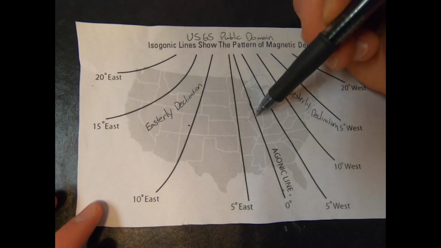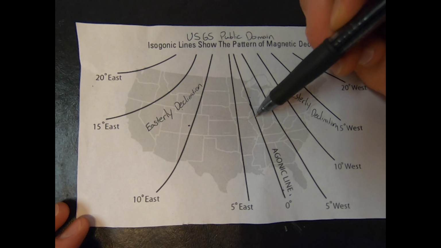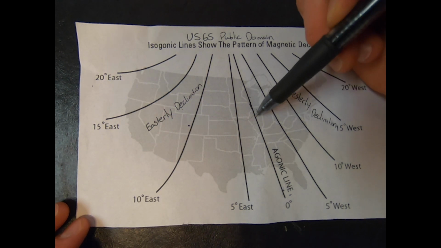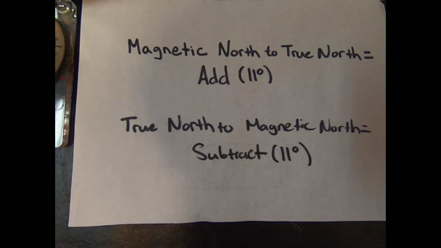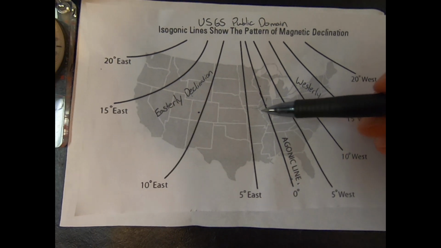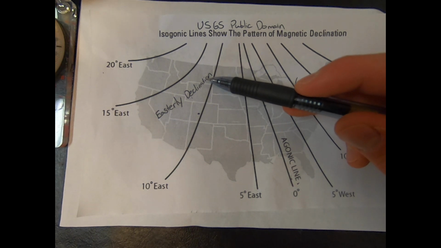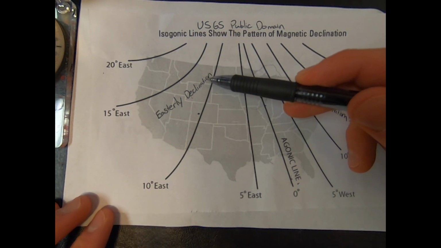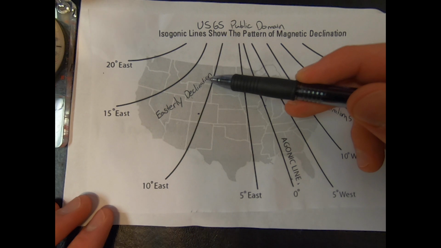So that's important moving forward with map and compass navigation. So because of this declination, we're going to need to adjust. So here on the west side of the agonic line, we have easterly declination, so we'll be needing to adjust our compass to the east.